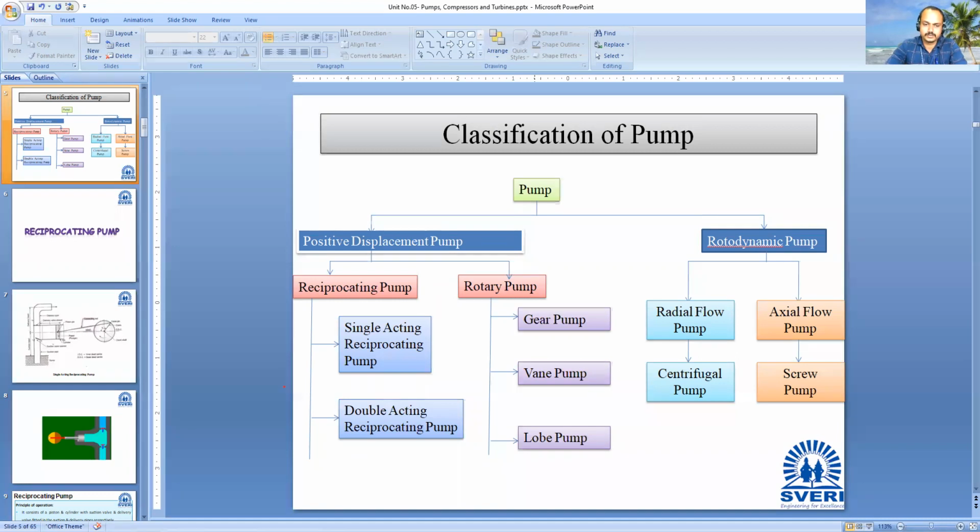Reciprocating and centrifugal. Correct. A reciprocating pump, and another one is the centrifugal pump. These 2 pumps are included in our syllabus.